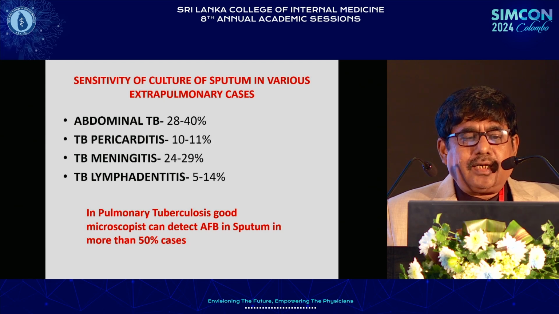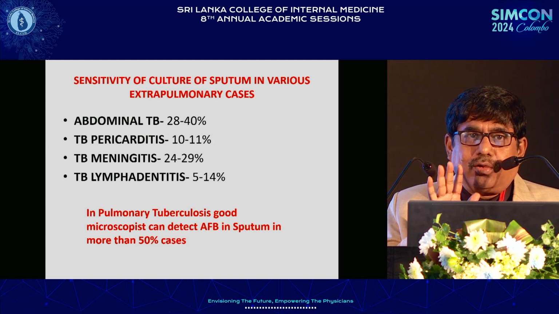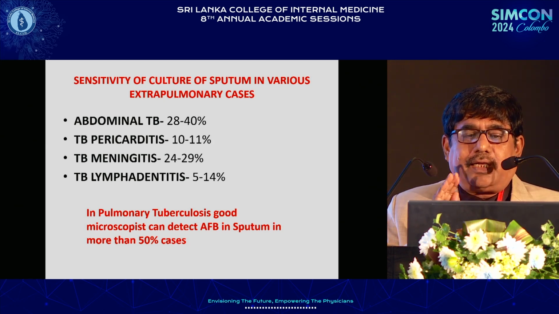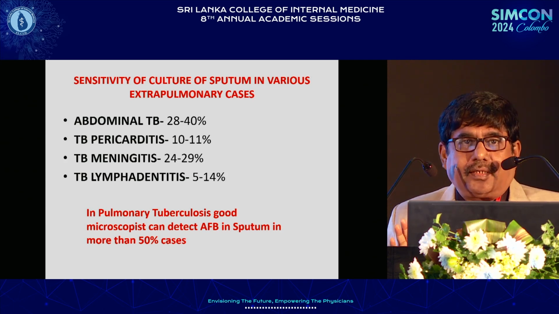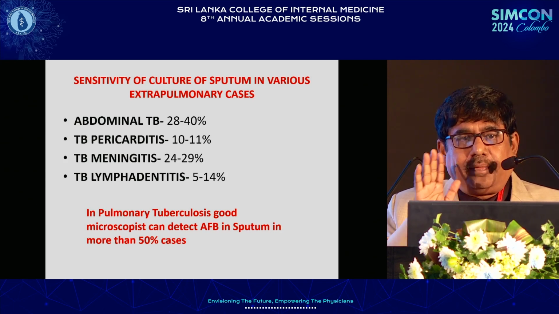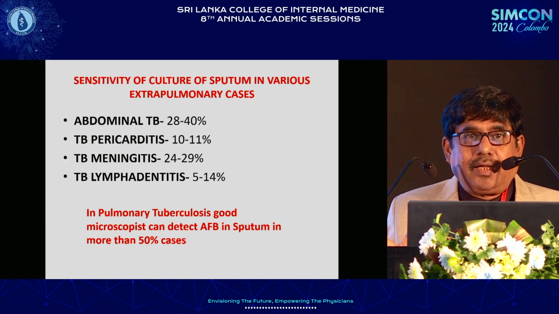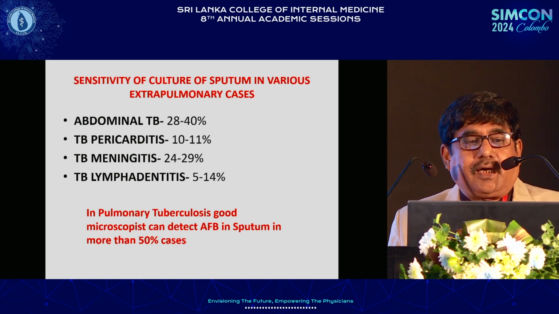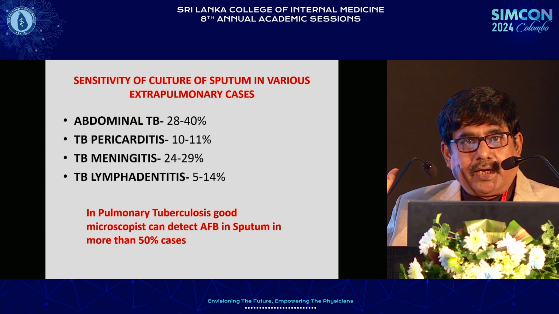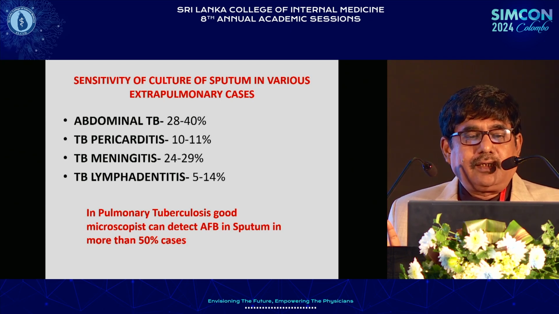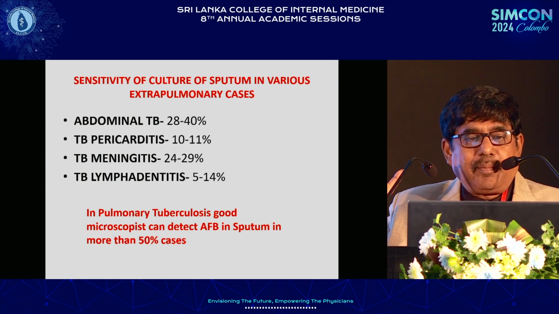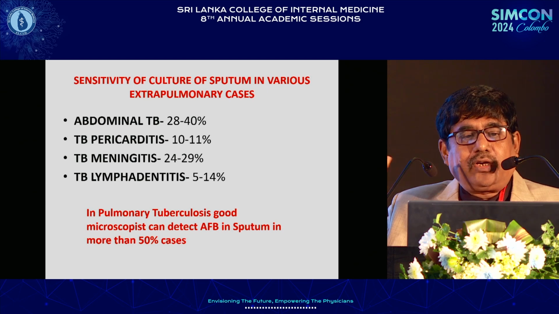These are the statistics. In pulmonary tuberculosis, by good microscopy, you can detect AFB in sputum in more than 50% of cases, maybe even up to 70%, if the pathologist or technologist has expertise in this field. But in extrapulmonary cases, like abdominal TB, it is 28 up to 40%.